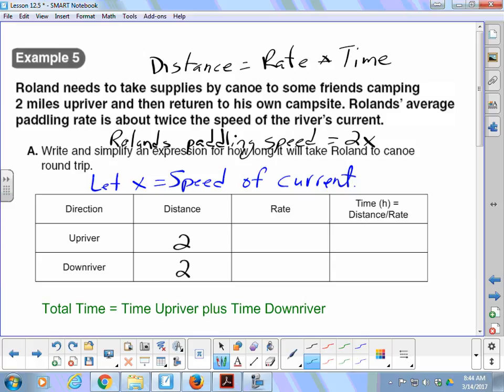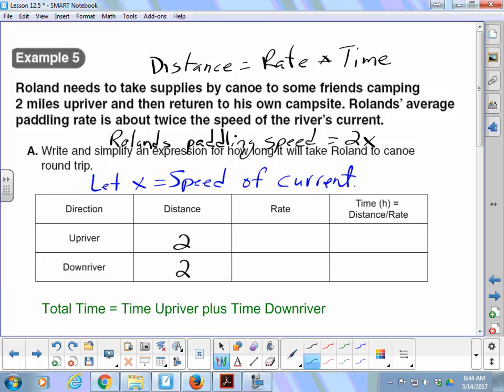Are you paddling into the current when you're going upriver, or with the current? You guys ever canoed? Which way do you usually go? You usually go with it, right? How come? Okay, it pushes you forward, makes you go faster.